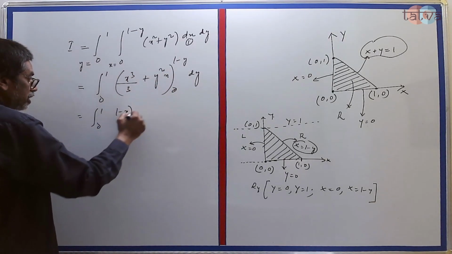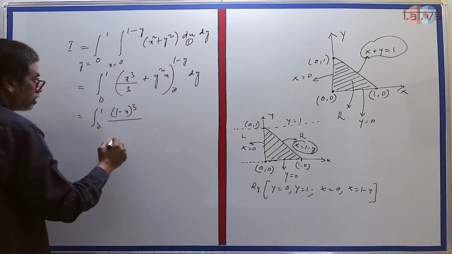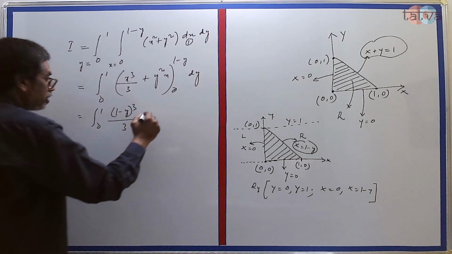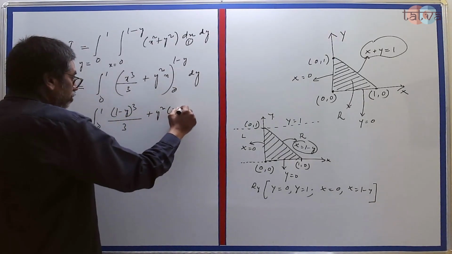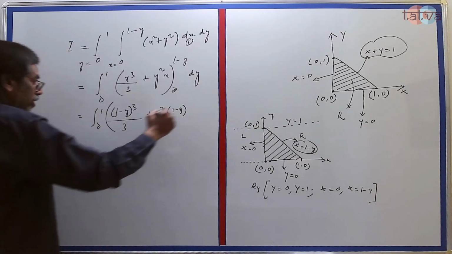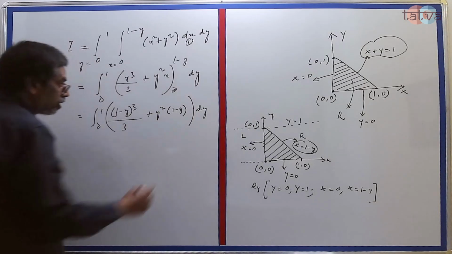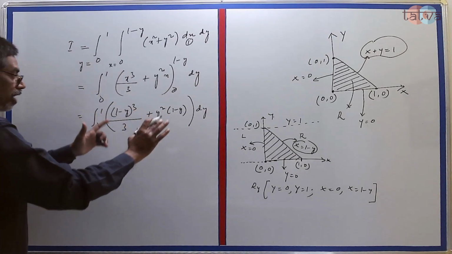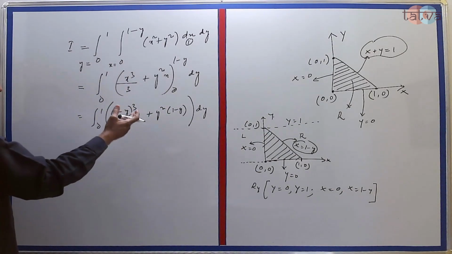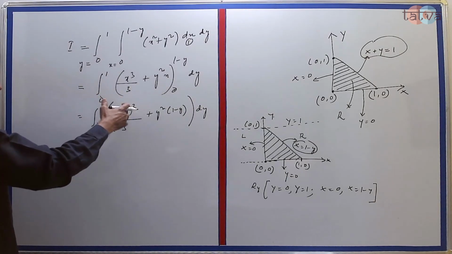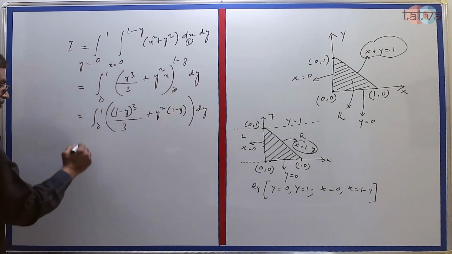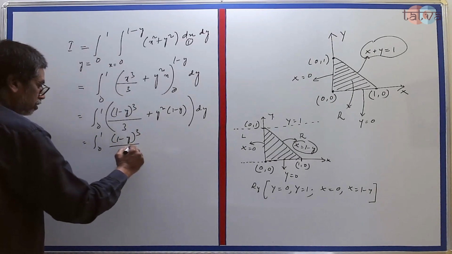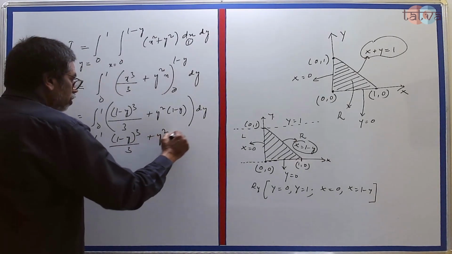You get 1 minus y whole cube by 3 plus y square into 1 minus y dy, with the lower limit contributing nothing. Now it is this function that we will have to integrate again. As I explained earlier, you don't have to expand this because it's ready for integration, but this needs a little bit of expansion. So you get all these things naturally.